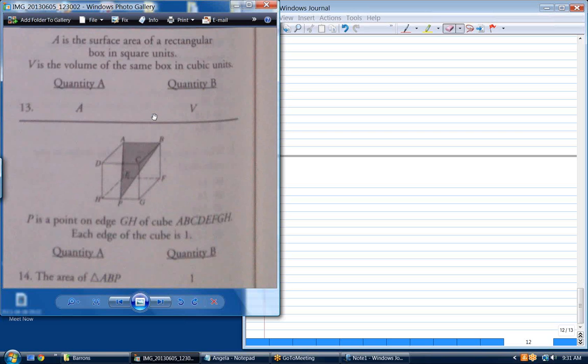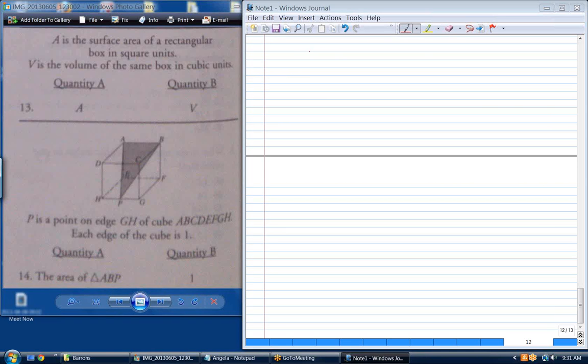Okay, so the area, let's see, A is the surface area, which would be length times width times height. And then volume would be 2 times, the volume would be bigger. What's the surface area again? Surface area, maybe I'm doing that wrong. Length times width times height.